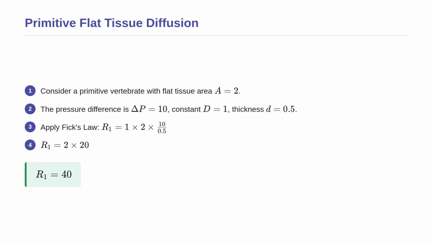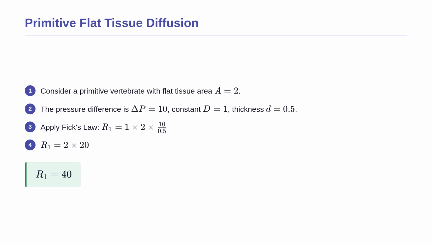Let us see this formula in action with a concrete example. Imagine a primitive aquatic vertebrate that breathes through a flat patch of tissue. We are given a surface area of 2, a pressure difference of 10, a diffusion constant of 1, and a tissue thickness of 0.5. We want to find the original rate of diffusion.